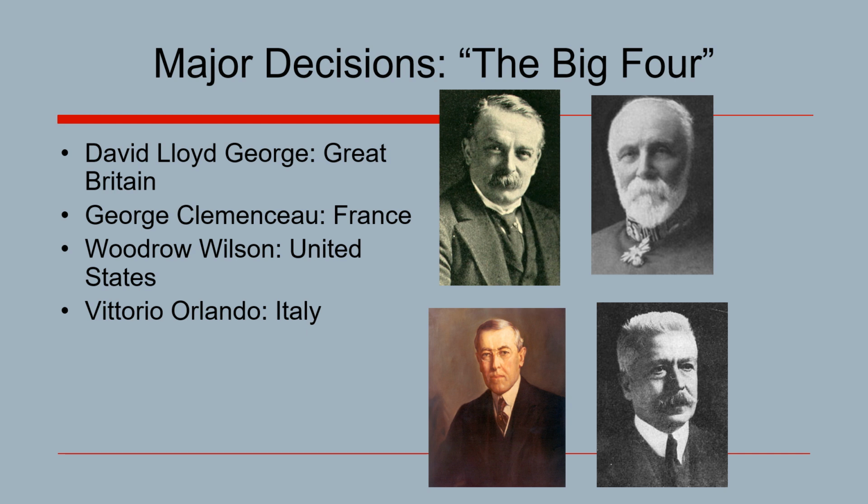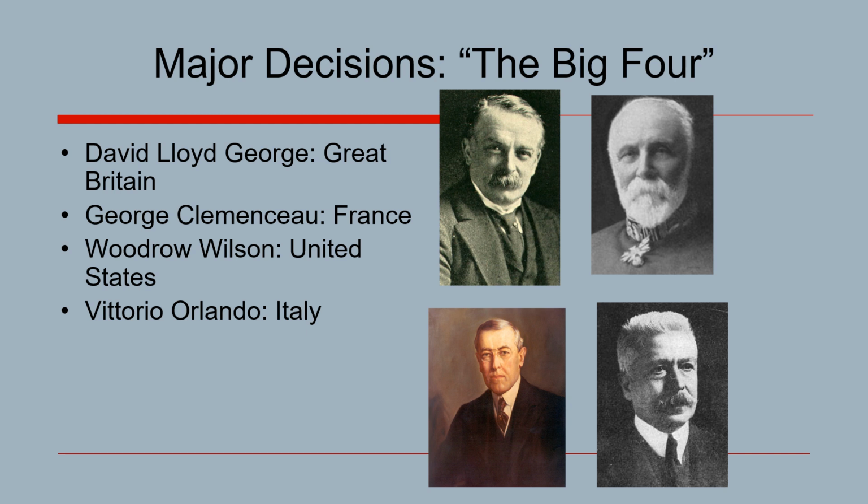France wants Germany destroyed. France is the country that borders Germany, as does Italy. Great Britain and the United States do not, and so they are not as interested in destroying Germany as France is. The United States, we already talked about the 14 points. Great Britain is interested in the German Navy, making sure that it can't threaten British naval supremacy.